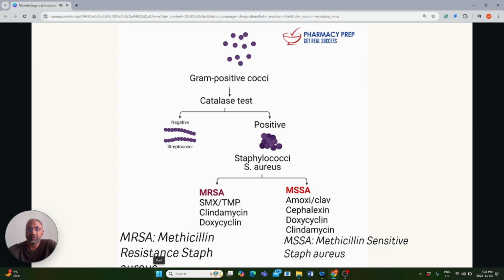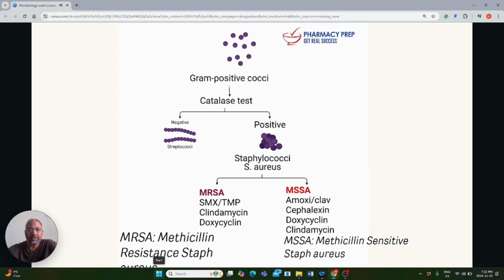So if they are resistant to that, then they can only be sensitive to some of the higher antibiotics like clindamycin and doxycycline. So that's why they are called MRSA, and they are very dangerous, and they mostly exist in very highly contaminated environments like hospital ICUs and hospital emergency wards. And these MRSA, they are mostly treated with clindamycin or doxycycline.